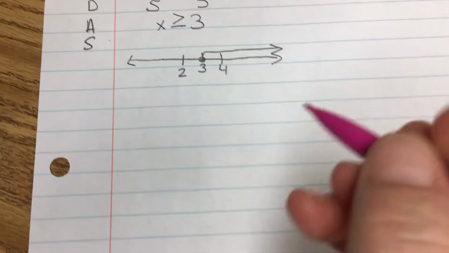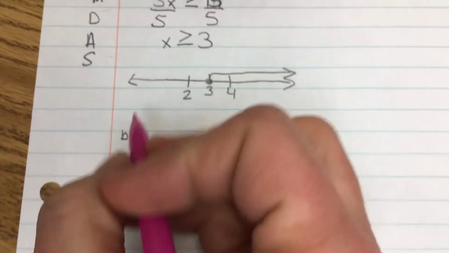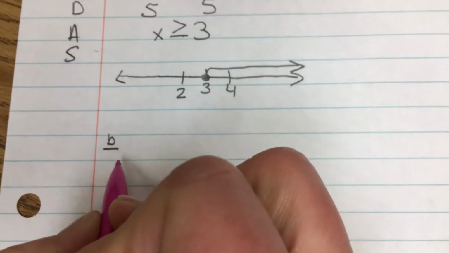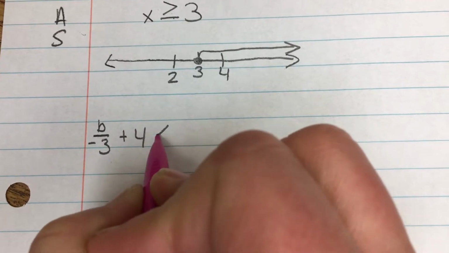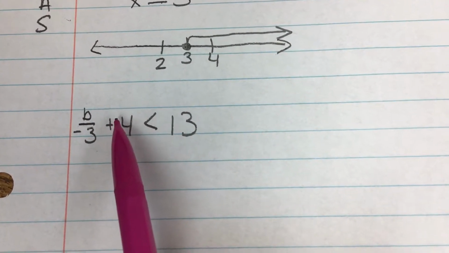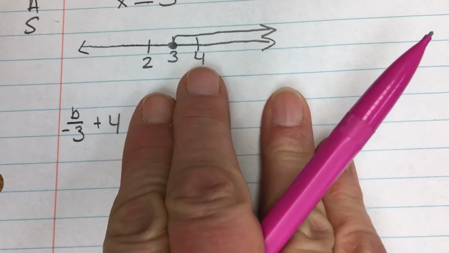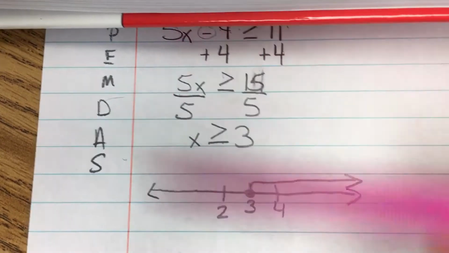Alrighty, next example is b over -3 plus 4 less than 13. Again, only this side, what is the furthest thing, or take these backwards?